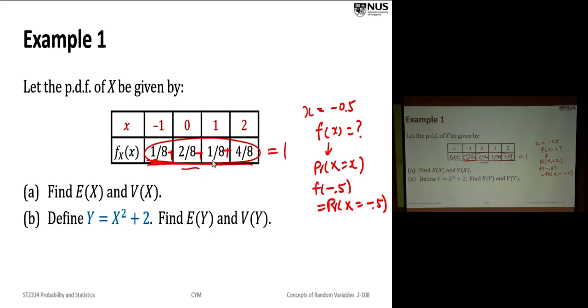It's 1x for -1 and 1, while for x equal to 0 the probability is 2x, and the probability of x equal to 2 is 4x. We are also asked to find the expectation of y and the variance of y, where y equals x squared plus 2. Now this is a function of x.